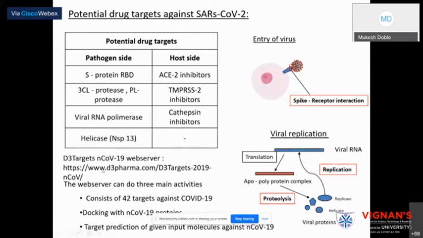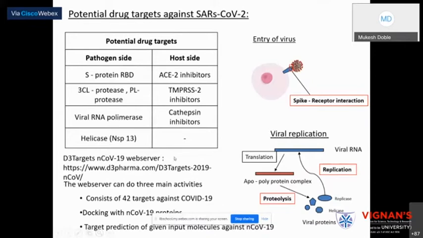So this web server is useful if you are interested in looking at some possible inhibitors for designing towards this disease. Given a query molecule, it can also use a fingerprint based approach, that means based on the structure, to predict what could be its possible target. So this web server does a lot of things.